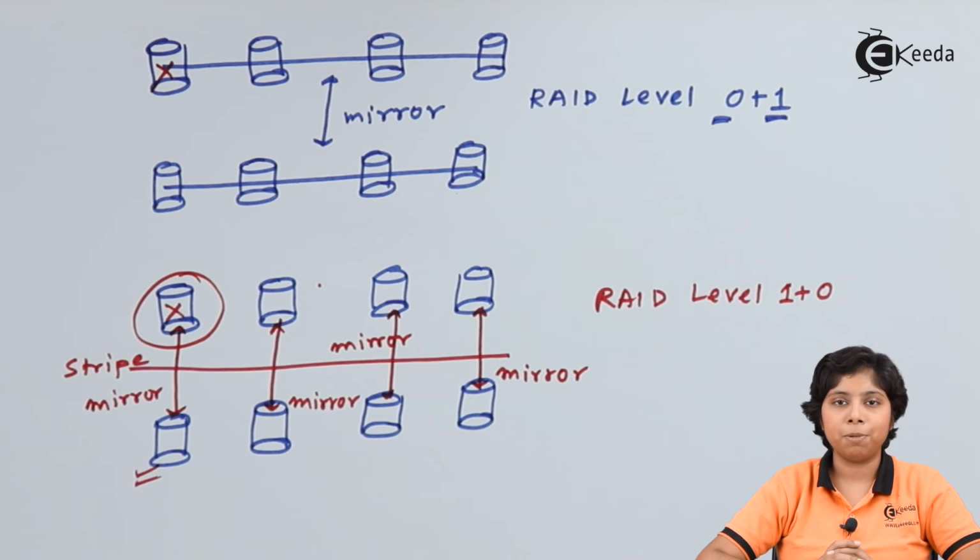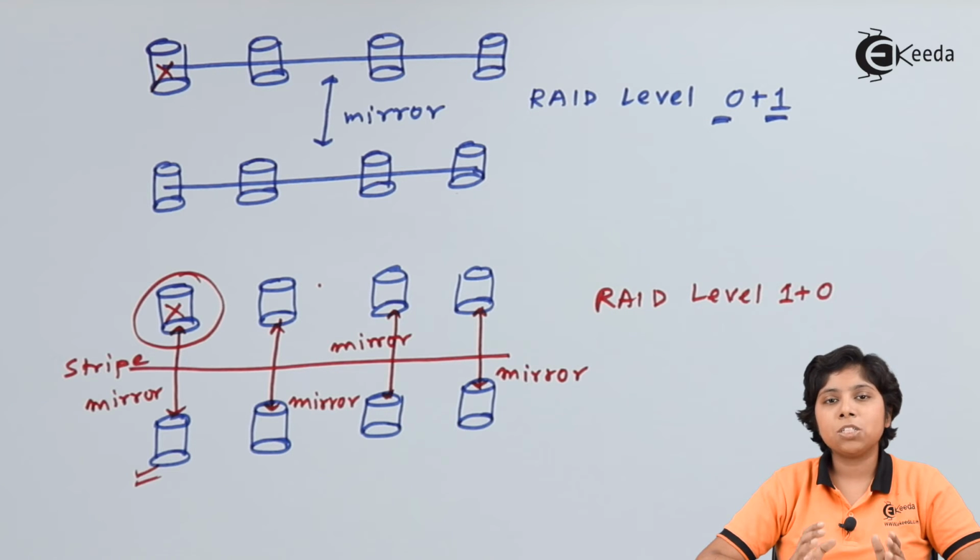Another area where we can implement this RAID level is the SAN or storage area network. To provide the storage area network, the RAID level is implemented between the client and the server, or say two hosts, so we can access the data between this host and server.